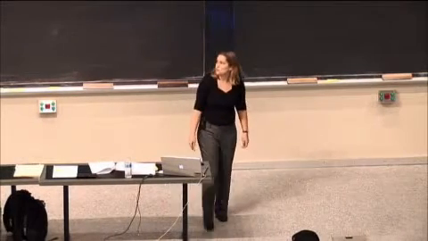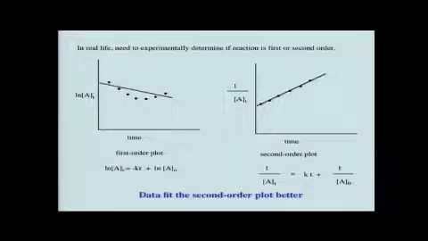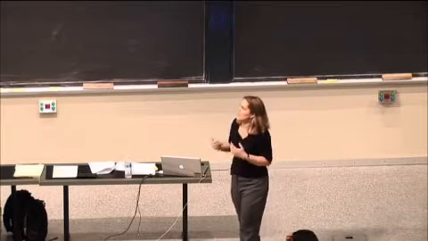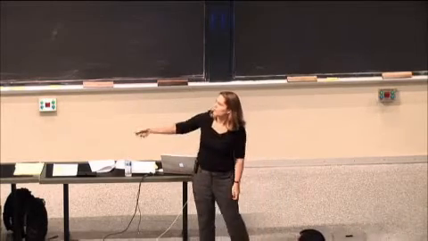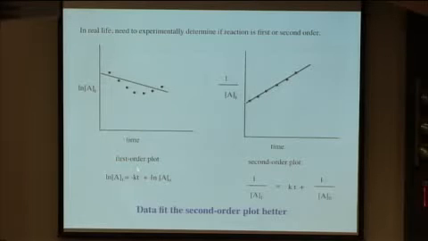So again, chemistry is experimental, and what you would be doing in a lab is trying to figure out what the order of the reaction is, so you could try out your data. You say, I don't know if it's first or second order, so for a first-order plot, you plot the natural log of your concentrations versus time, and if second order, you plot 1 over the concentration versus time.